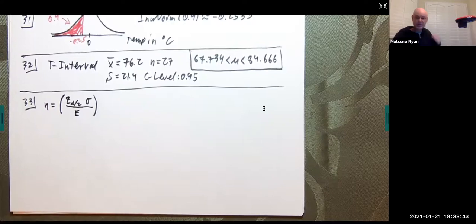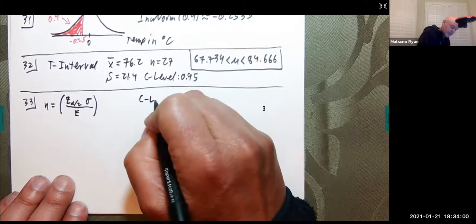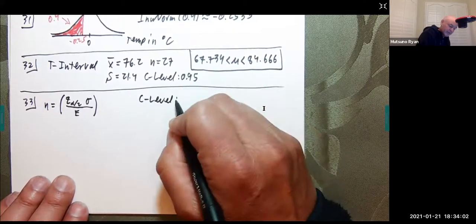And let's figure out each of these based on the information. So how many students must be randomly selected to estimate the mean weekly earnings of students at one college? We want a 95% confidence, so our C level is 0.95.